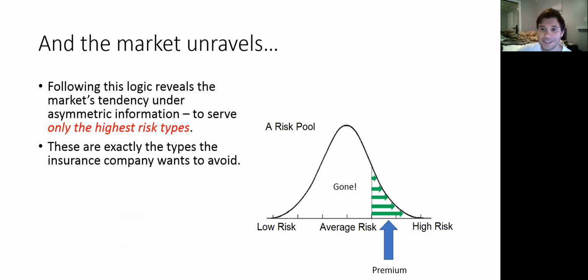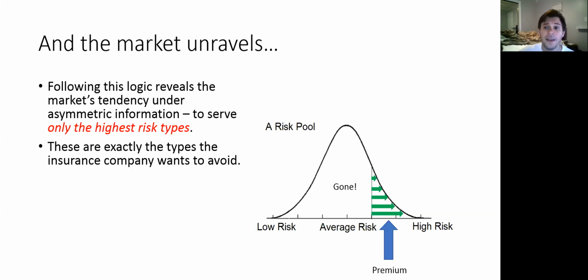And again, these are exactly the types of individuals that the insurance company wants to avoid solely serving, right? If there's a bunch of healthy people in there pulling down the average, then it's a little bit more profitable for the insurance company to be able to take on higher risk folks. But if all the healthy people leave, they're going to need to compensate by raising premiums on everybody who is left.